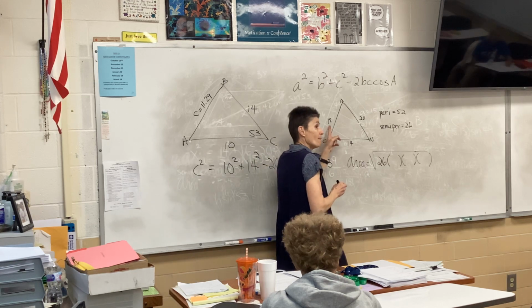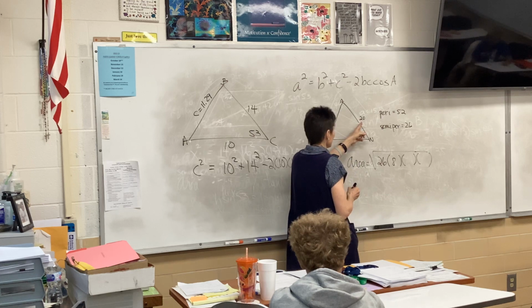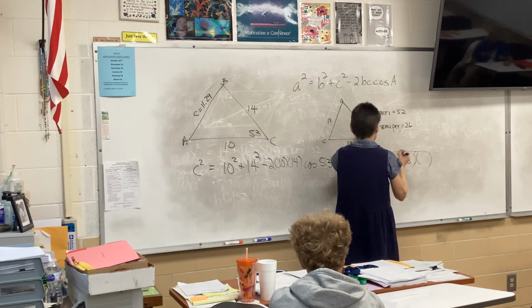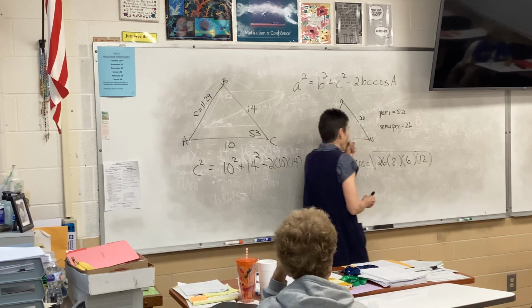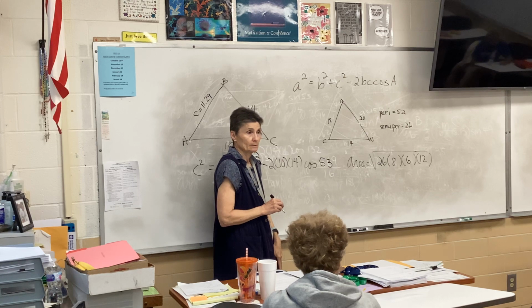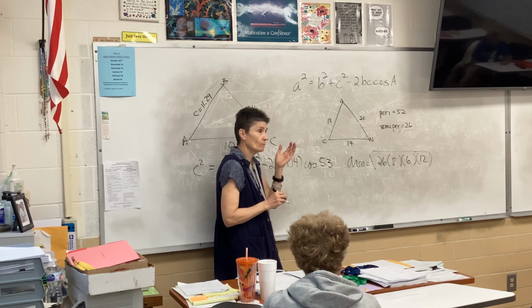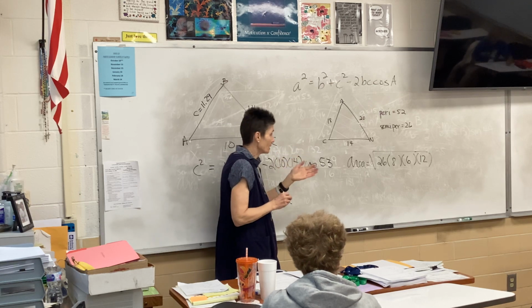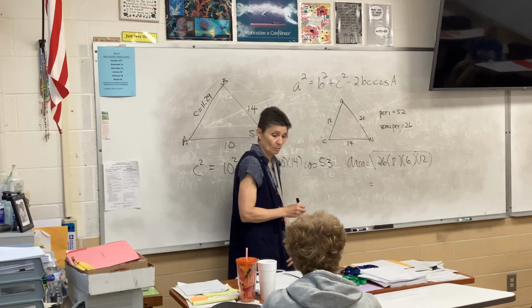So 26 minus 18, 26 minus 20, and 26 minus 14. And then we times them all together and take the square root and round it off to the nearest hundredth. And what is that one?